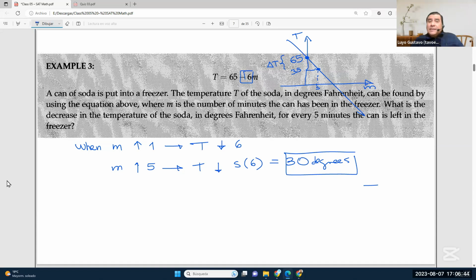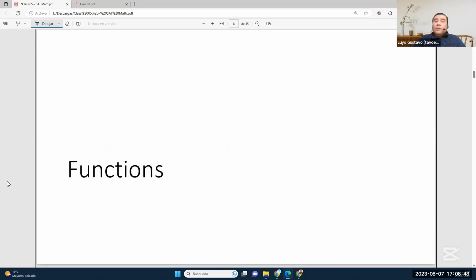Well then, let's move on to another question. Well, and those were the examples related to linear models. Now we talk about functions and how to interpret functions on the XY plane, okay?